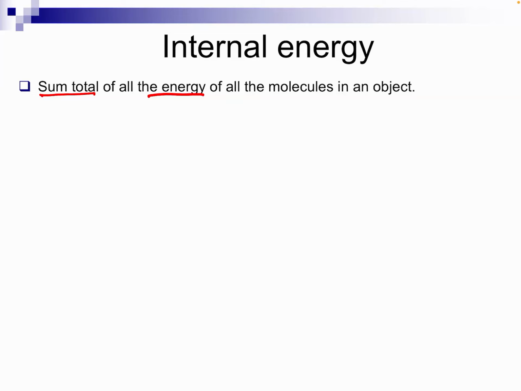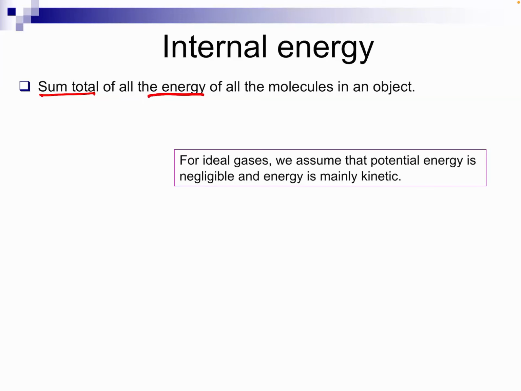For gases, so we've learned before, energy consists of kinetic energy and potential energy, right? But for ideal gases, we assume that the potential energy is negligible, and that's a consequence of the assumption of the kinetic theory of gases, where the molecules are spaced far apart so that they only have kinetic energy, and their potential energy is negligible.